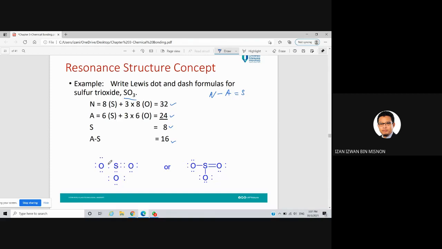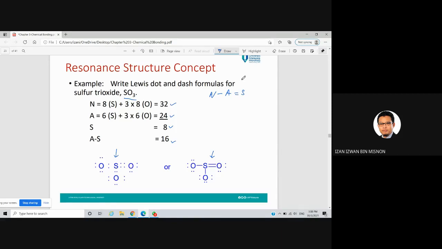By adding the electrons to the structure, we finally have the Lewis structure as in the example in the slide, and also the dash formula like this. So this will be the dash structure. You can see here the double bond occurs in one of the bonds. So we have one double bond of S=O.